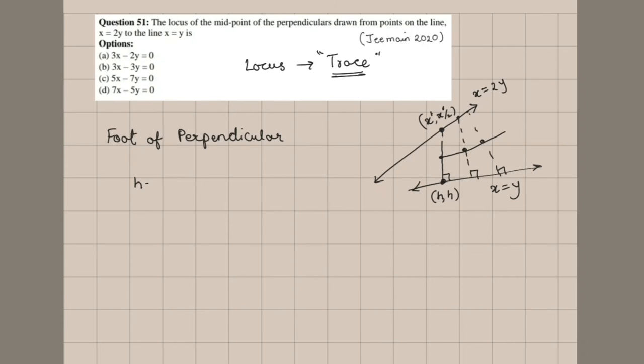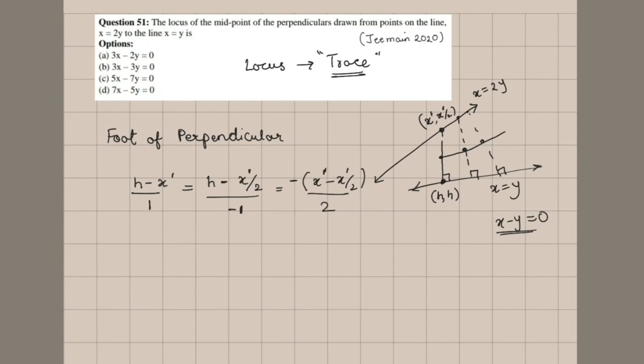We know that (h minus x dash) by 1, the coefficient of x in the line x minus y equal to 0, equals k. k is nothing but h here. So (h minus x dash by 2) by minus 1, the coefficient of y, equals minus of, we need to substitute this point in this equation, which gives (x dash minus x dash by 2) by a square plus b square. a is the coefficient of x, b is the coefficient of y, which is 2.